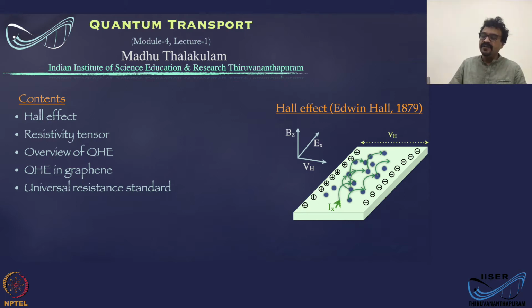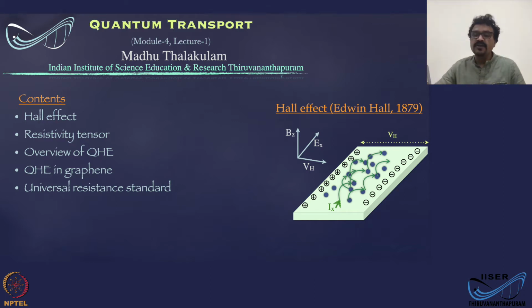So what you have here is a conducting material with a magnetic field applied perpendicular, normal to the plane, and an electric field along the plane of the sample. The transport of electrons is driven by a lot of collision processes as described by the Drude picture, Drude's theory.